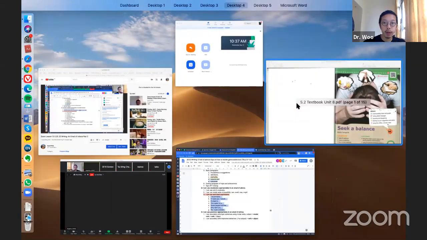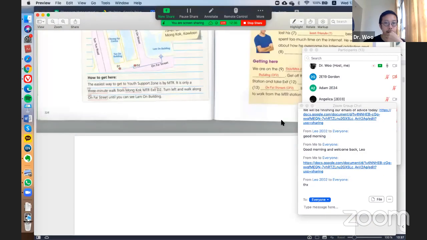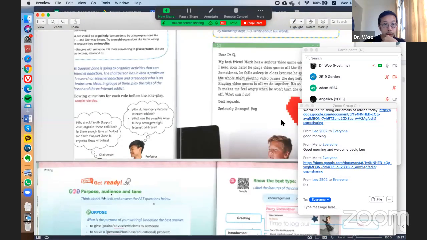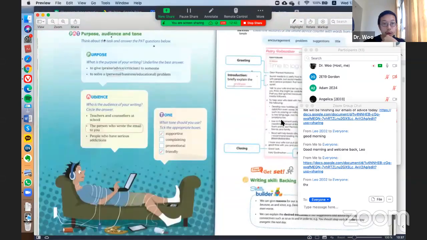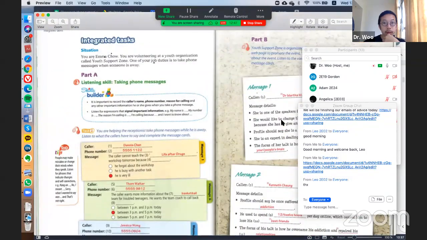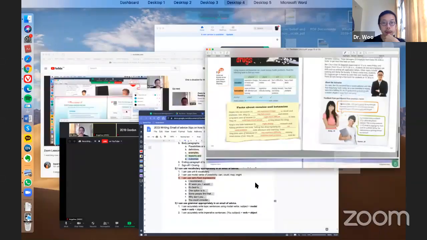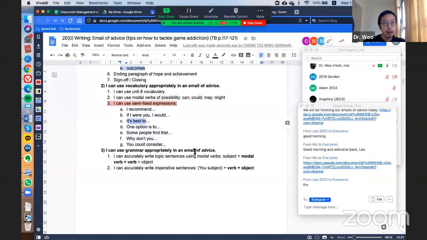You can find it on page... it's also possible to construct sentences using these semi-fixed expressions. When you start a sentence with this, then you need to fill in the blank.